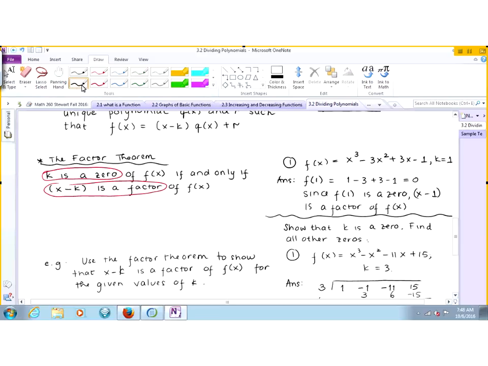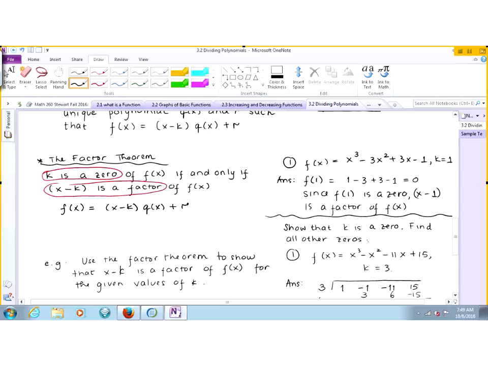All right. So how do you write the f of x again? f of x is x minus k times q of x plus r. Okay.